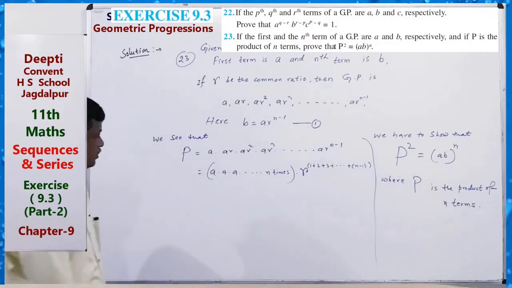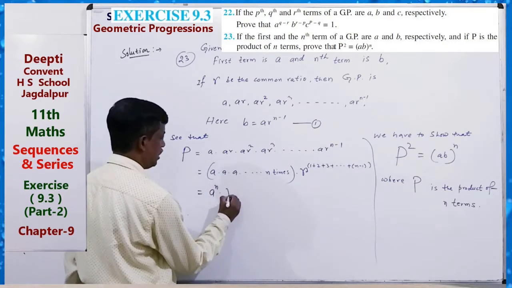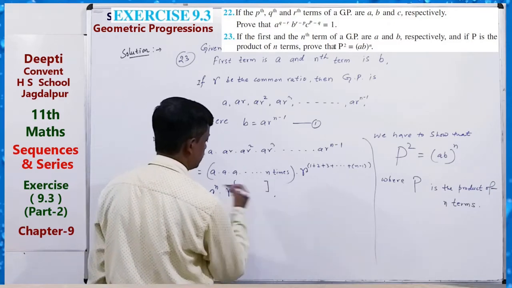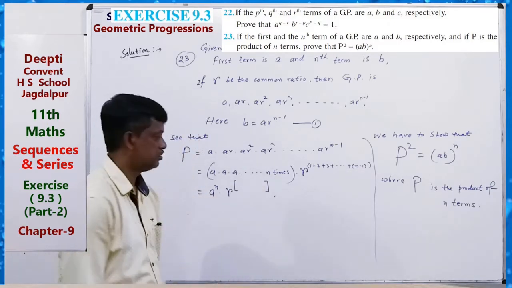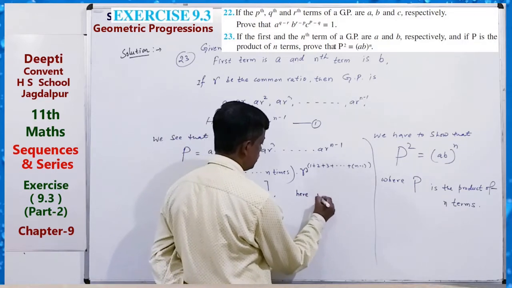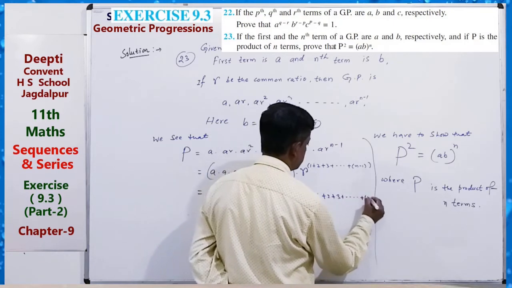Clear? So here A to the power n and R to the power 1 plus 2 plus 3 plus up to n minus 1.